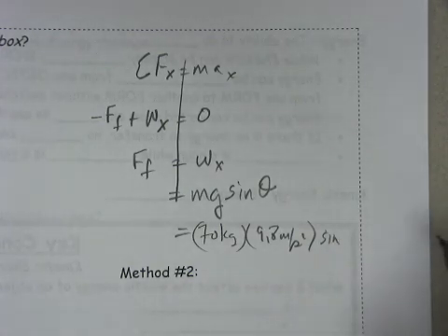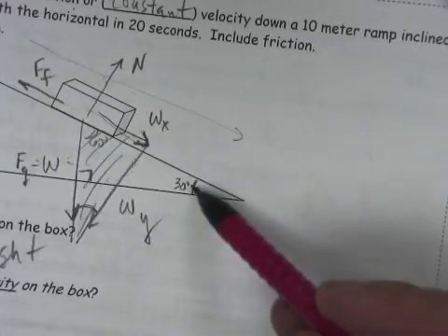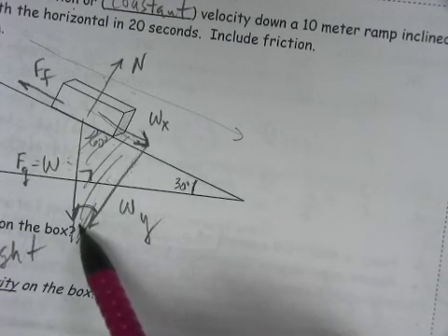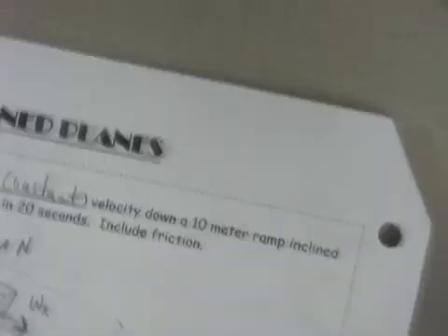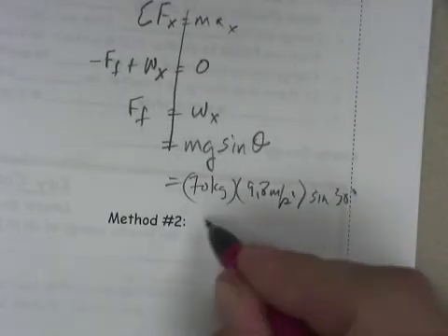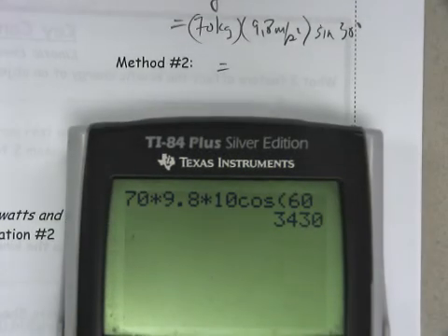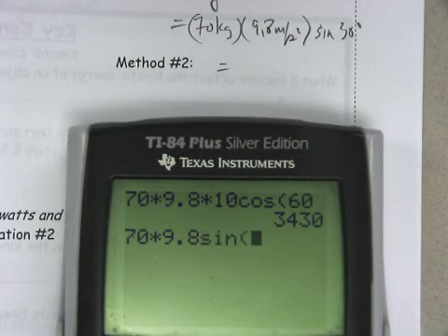This is the angle of that inclined plane, and that was this angle in here as well, that's 30 degrees. So we'll plug in 30 degrees and plug everything in. So we get 70 times 9.8 times sine of 30.